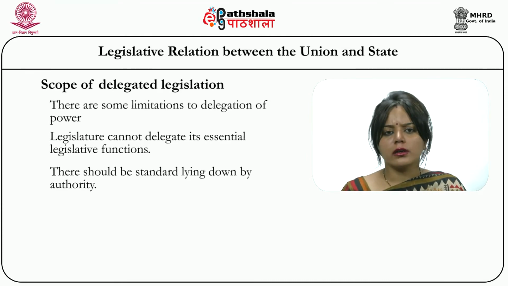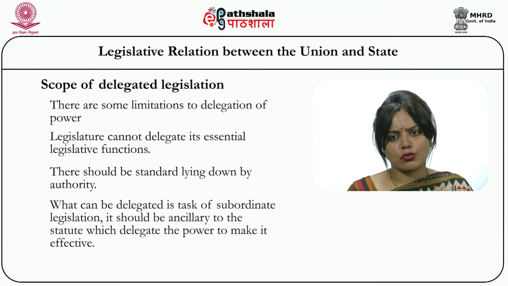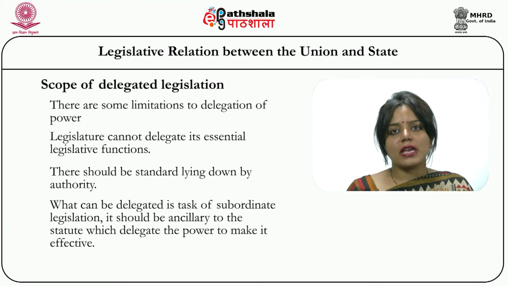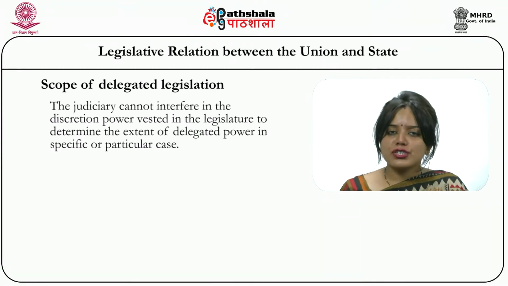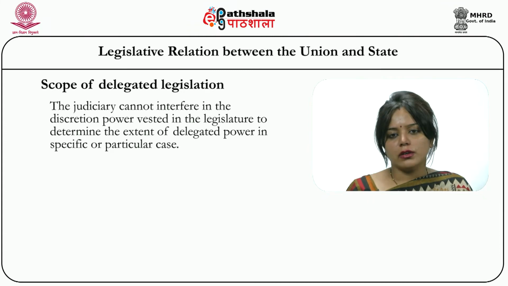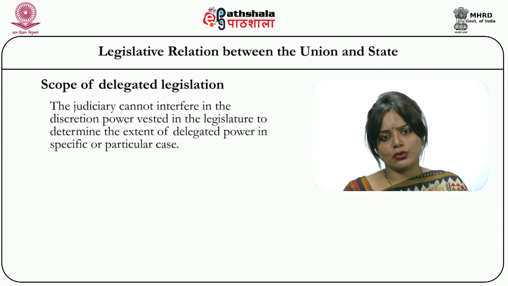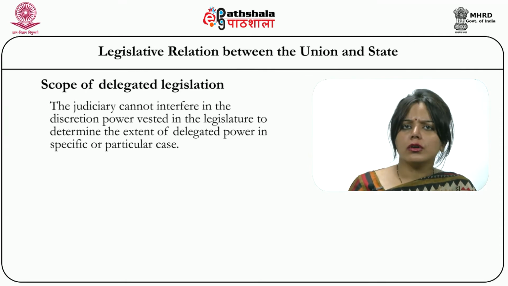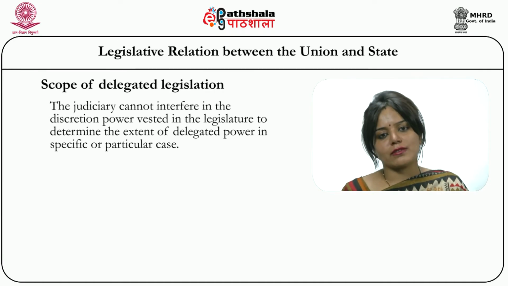The third is that what can be delegated is the task of subordinate legislation, which should be ancillary to the statute which delegates the power to make it effective. And the last limitation is that the judiciary cannot interfere in the discretionary power vested in the legislature to determine the extent of delegated power in specific or particular cases.